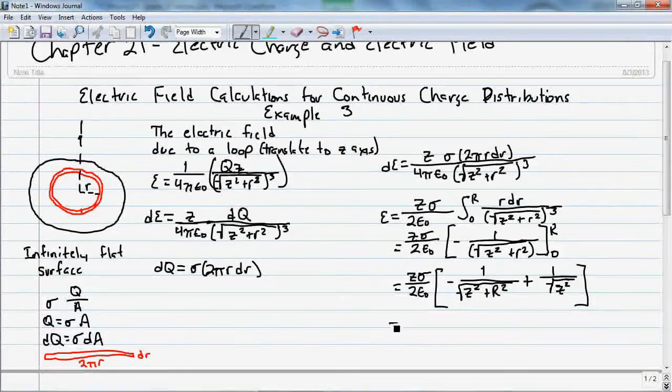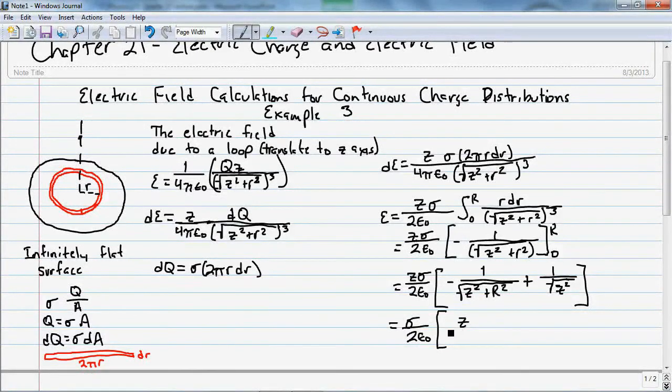Now I can rearrange. I'm going to put z inside. And I'm going to flip these around here because I like the positive in the front.